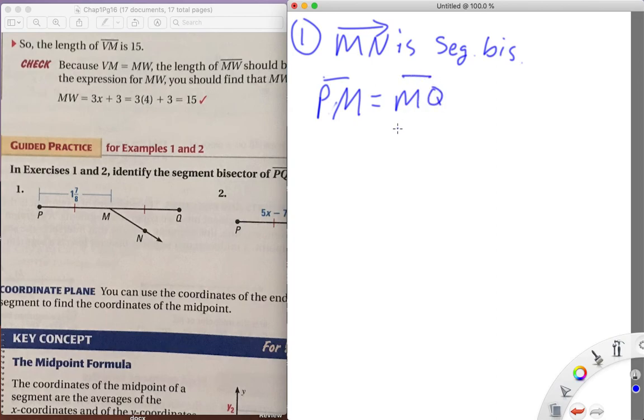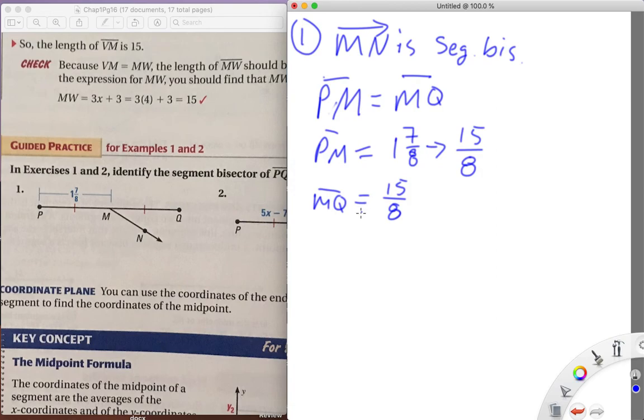I know that PM is equal to 1 and 7/8, which is equal to 15/8. Since PM is equal to 15/8, I can also say that MQ is equal to 15/8.